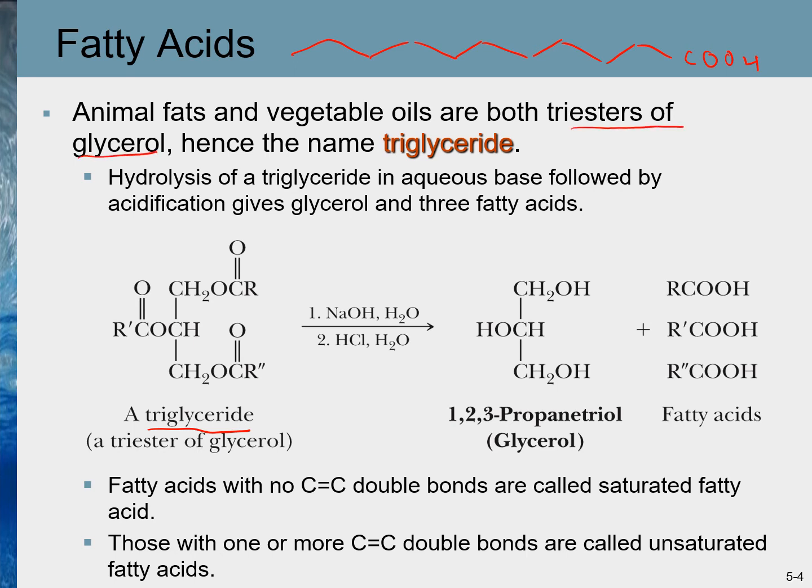So in other words, we have a glycerol compound. So this will be a glycerol, and triester means the glycerol OH is replaced with the ester linkage, long chain ester linkage.